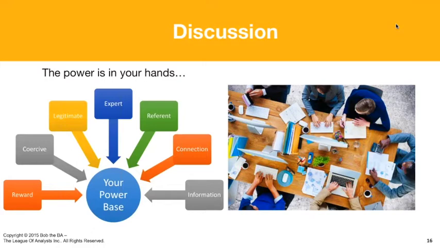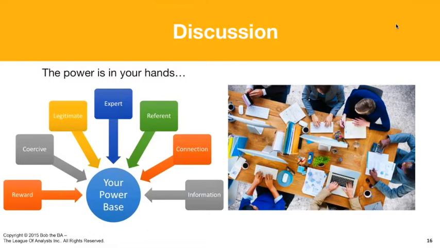Some organizations and some authors look at 5 types of power, some 6. I like all 7 of these. I think they're all relevant to what's happening in the workplace and how people use power specifically. And the 7 types are reward, coercive, legitimate, expert, referent, connection, and information.